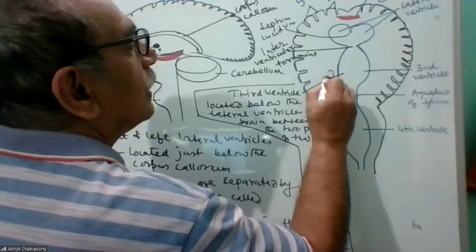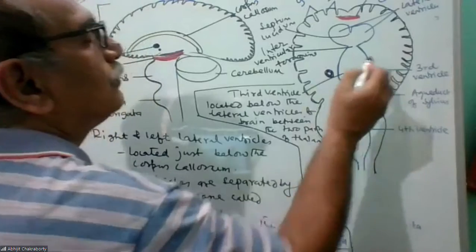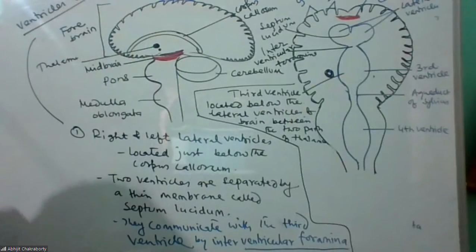That means here you will get the thalamus. This side also you will get, between two parts of thalamus. Are you getting me?